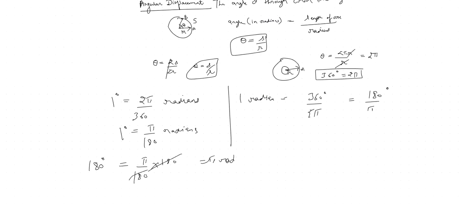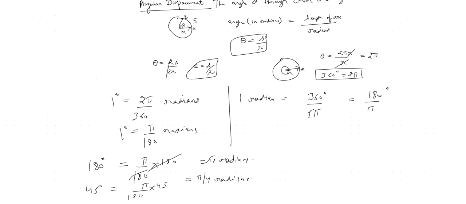One more example, if I have to write for 45 degrees, in 1 degree there are pi by 180 radians, so in 45 degrees there will be pi by 180 into 45, which is equal to pi upon 4 radians.